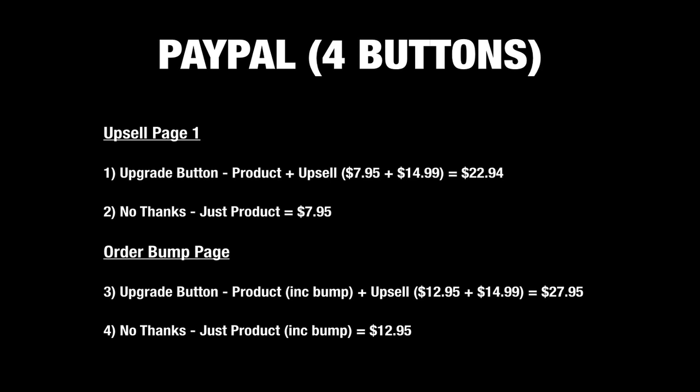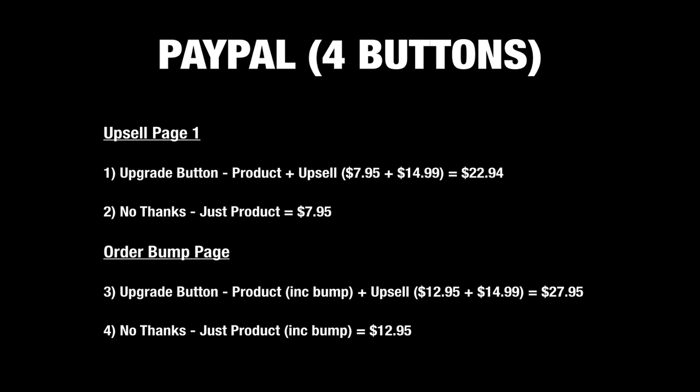On the first upsell page, you need to create 2 buttons. The first one is for the upgrade button. For this example, you're going to have to create a PayPal button for the product and the upsell. So if, just say the product is $7.95 and the upsell is $14.99, you need to create a PayPal button for $22.94.